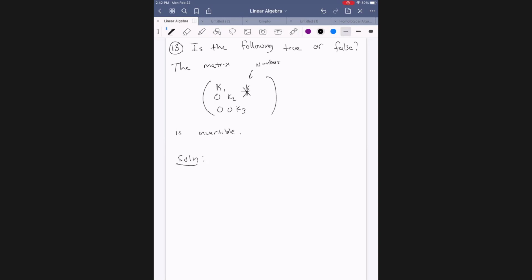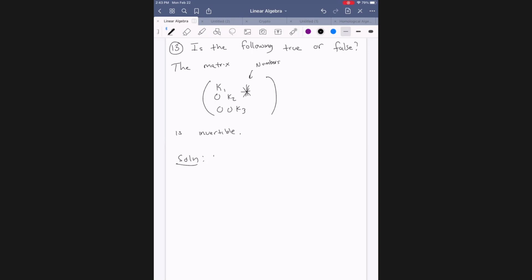I guess we can even cofactor expand it to see it. But what do we say about this? The determinant of an upper triangular or lower triangular matrix is just the product of the diagonal. So what is the determinant here?